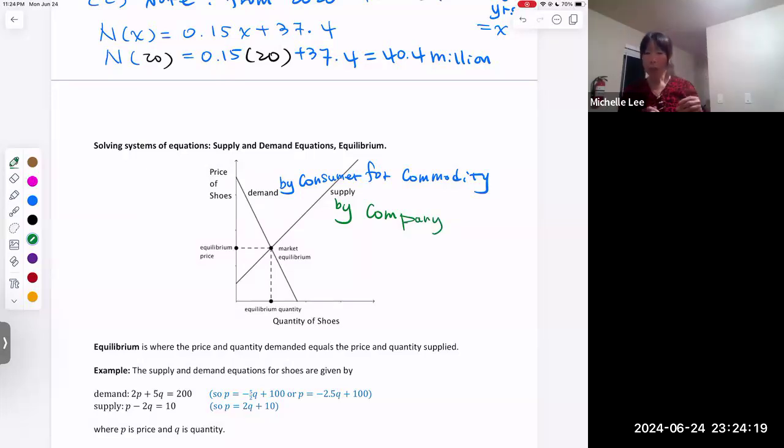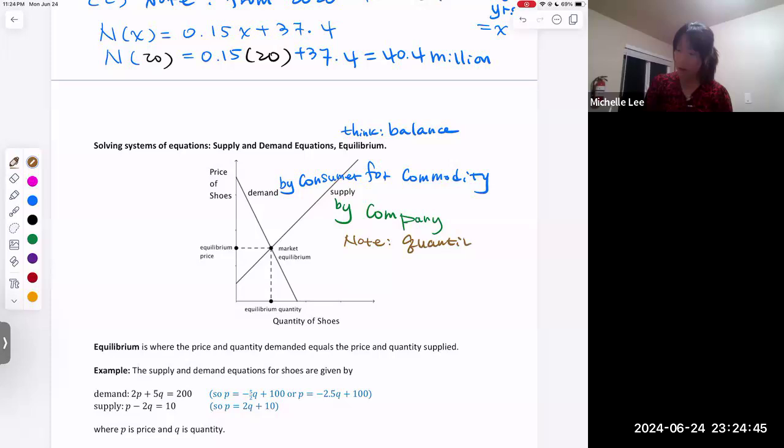Okay, so we have equilibrium, right? So this is a thing, balance, right? Okay, now, I want to make a note. We talk about the demand, right? So quantity demand will increase as price decreases, right?